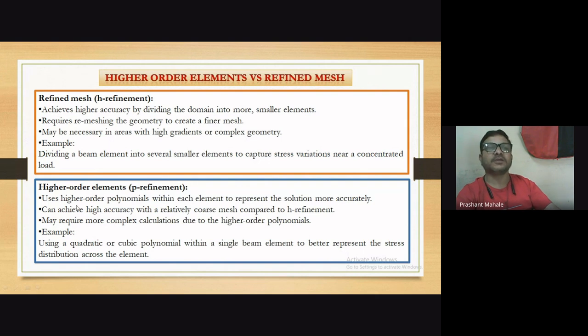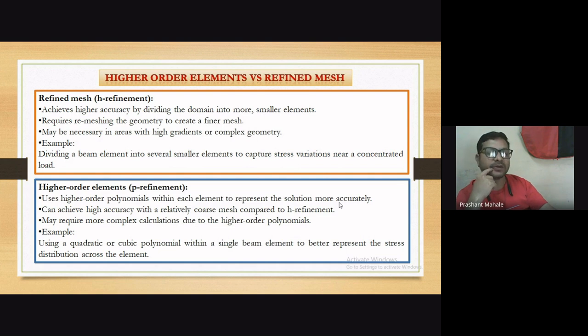Whereas in case of higher order elements, which we are also calling P-refinement, it uses higher order polynomials within each element to represent the solution more accurately. So we see that order of elements. When it is small order, then we can go for higher order.